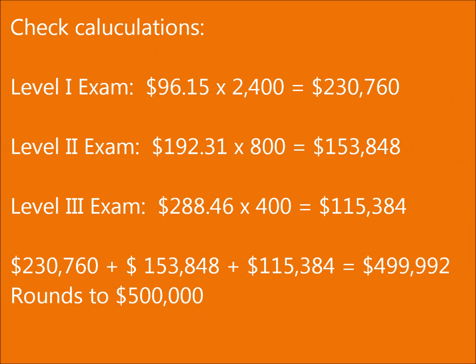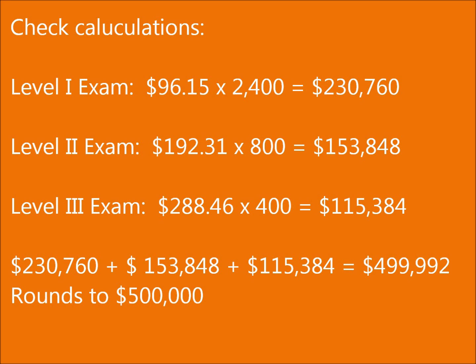If we wanted to check our calculations, we could do that by multiplying the estimated cost per type of examination by the number of examinations administered annually per exam. And we would find that for exam 1, when we multiply the 96.15 by 2,400, we get 230,760. For exam 2, we take the 192.31 and multiply that by the 800.